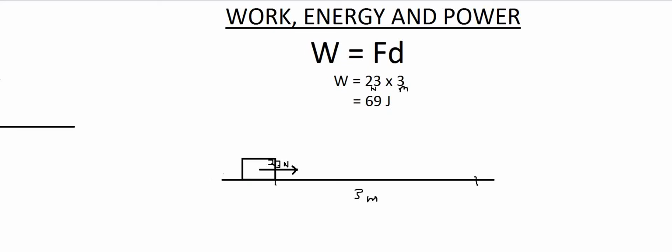So you can also say this work, the 69, is 69 newton meters. So joules is actually newton meters, just like watts is joules per second. You can express it this way.